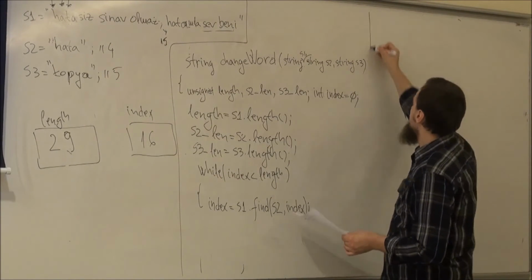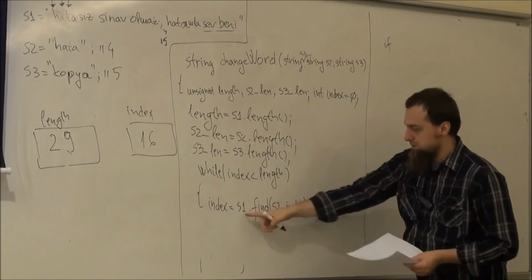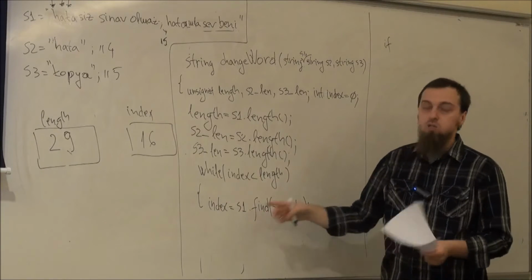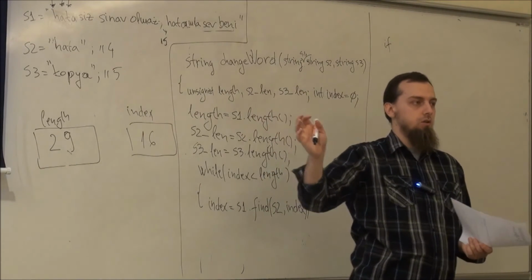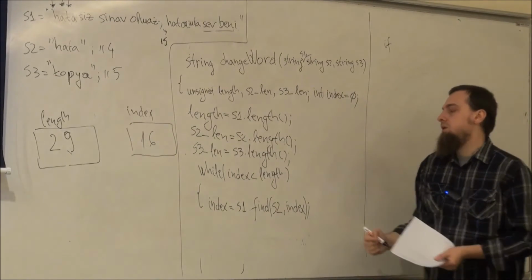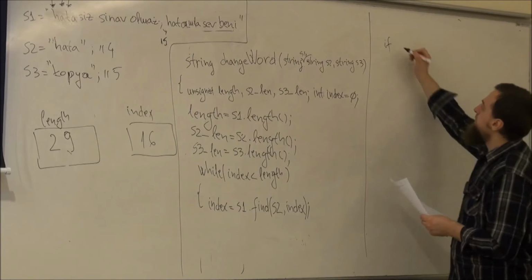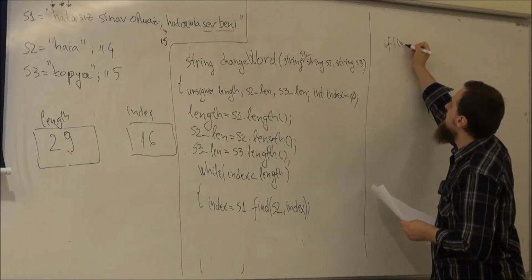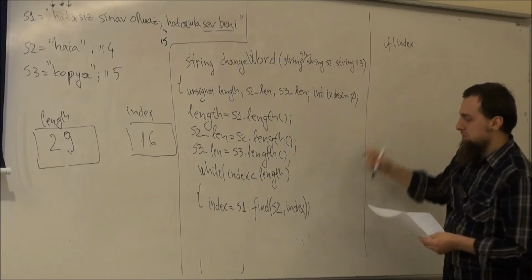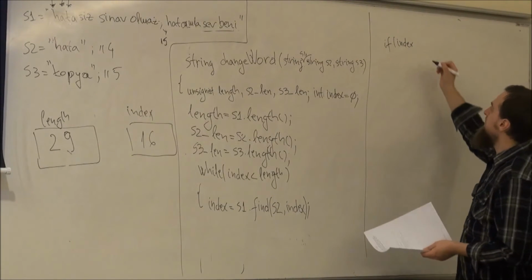I don't have place, I'll continue here. If you don't find it, it will return string::npos. You remember npos? It's a very large number, meaning that we haven't found it. So if this index returned npos, it means we haven't found it.